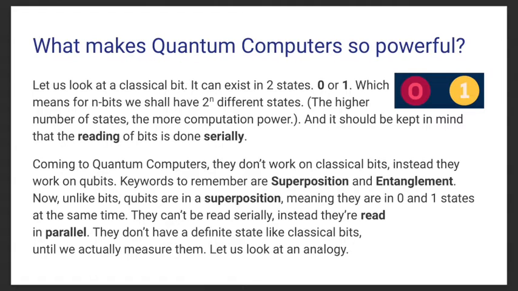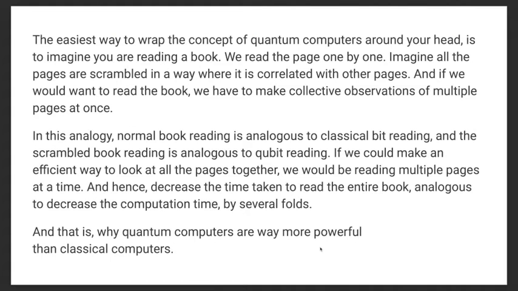I'm pretty sure this is a hard thing to wrap your head around, so I'm going to give an analogy, like reading a book in a different way. Imagine you're reading a book. We usually read from page 0 to page n. That's serial reading, so this is how a classical computer does stuff.